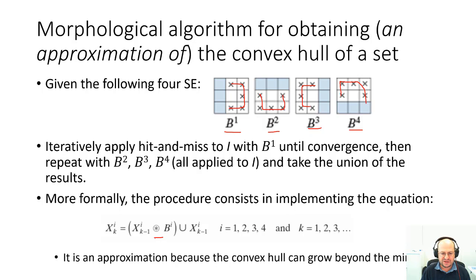I apply the hit and miss for every one of these structuring elements, and then get the union with the original image, right? Because I want to unify. It's kind of filling up a hole, but I'm filling up a hole that is open-ended.